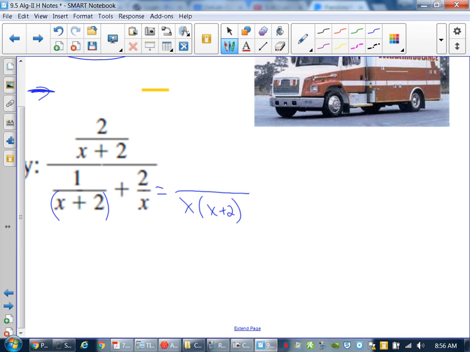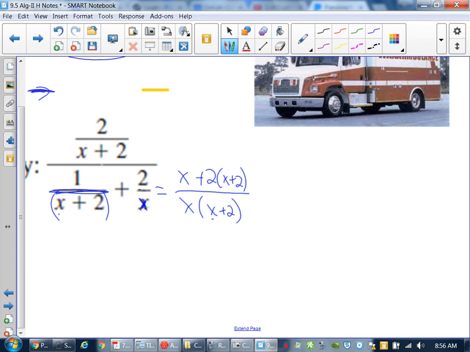Now, you'll see me do this a lot with these complex ones, and it's a pretty nice way of doing it. Don't continually rewrite the whole thing. Just work each part independently, and then flip them at the end. So the fraction on the left has the x plus 2, it needs the x. The fraction on the right has the x, it needs the x plus 2.